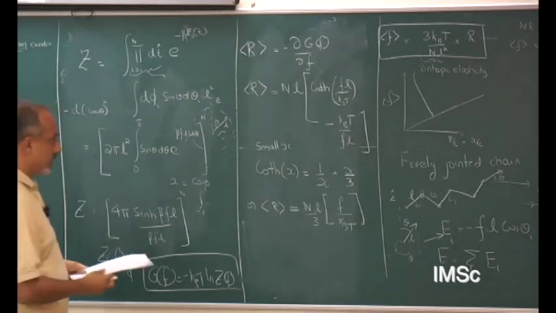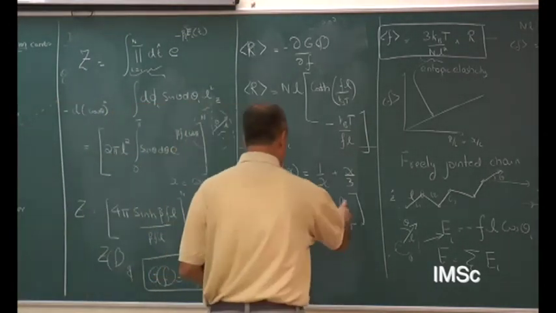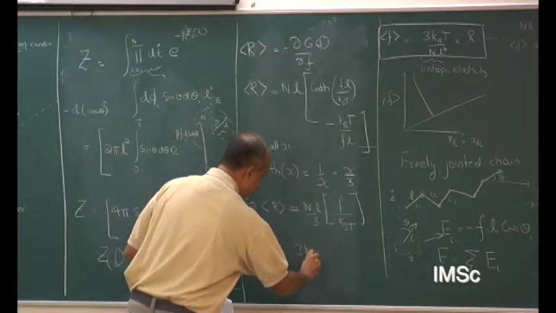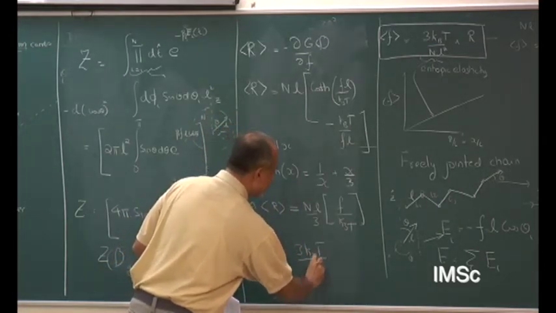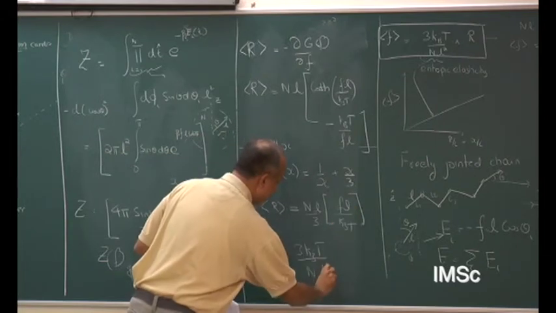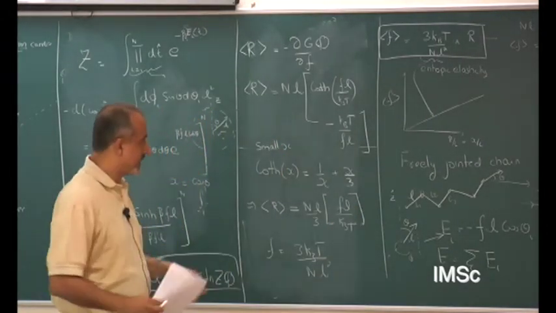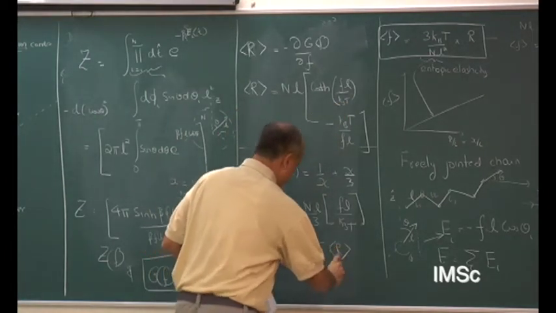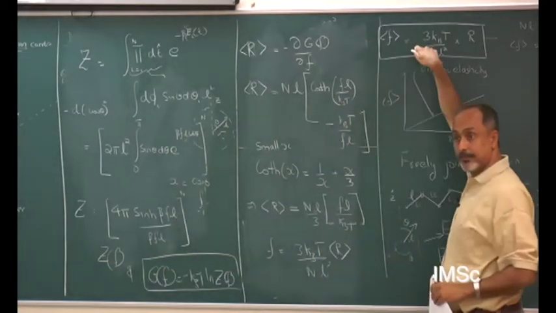Which means that the relationship between f and r is f equals 3 kBT divided by n L squared times r, which is the same result that I had here.